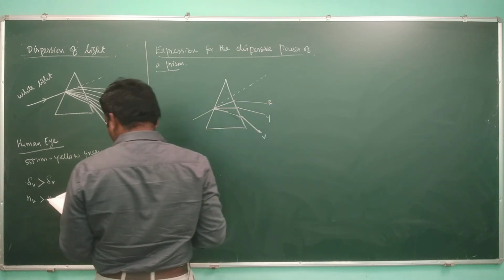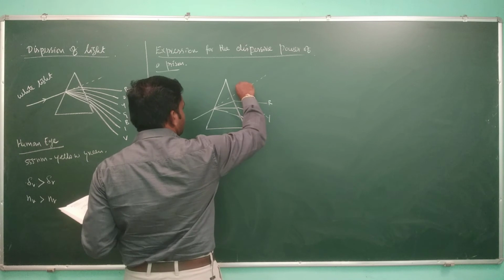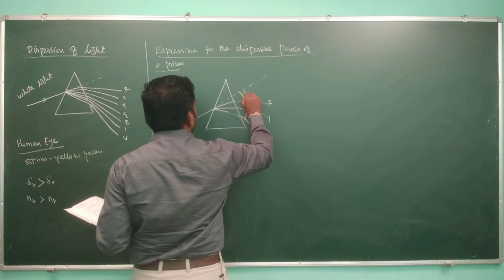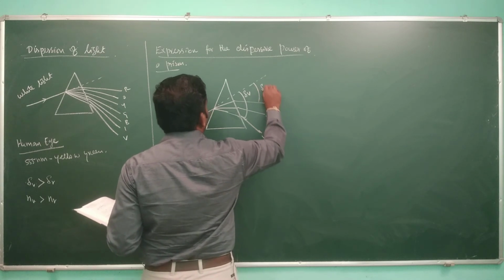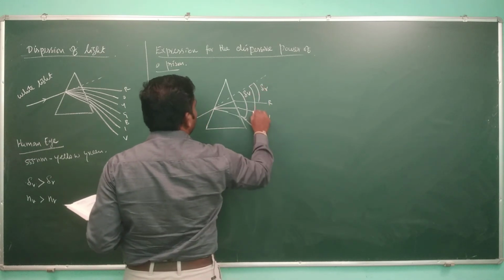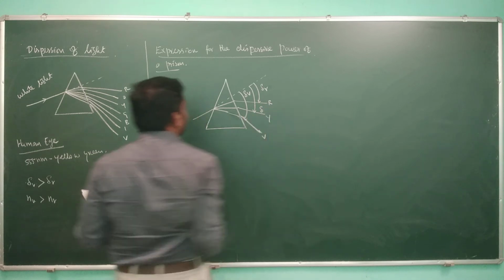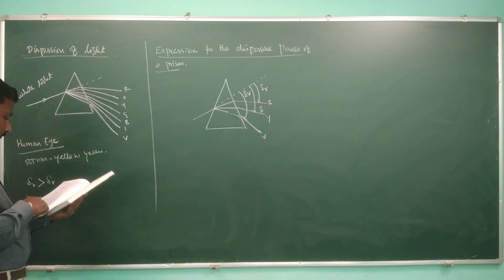Now, the angle of deviation for violet, let us define as delta V. The angle of deviation of red will be delta R, and the angle of deviation for yellow as delta.